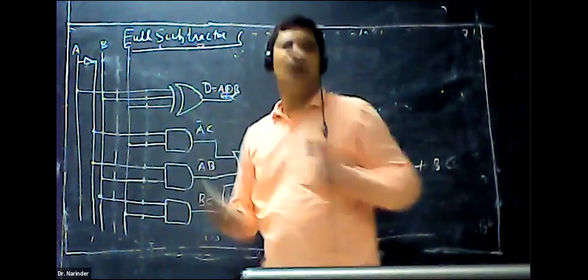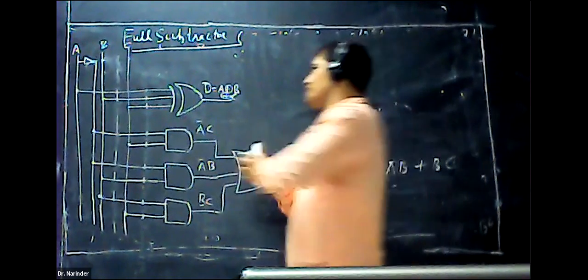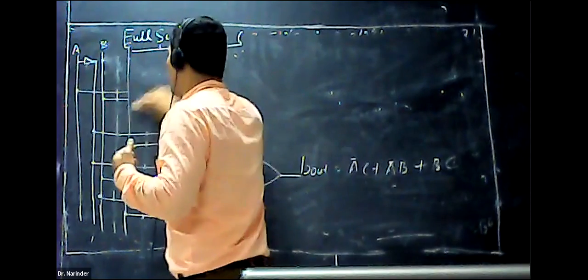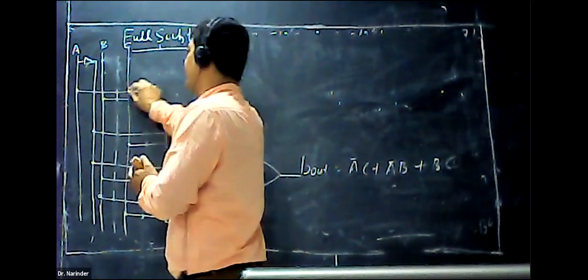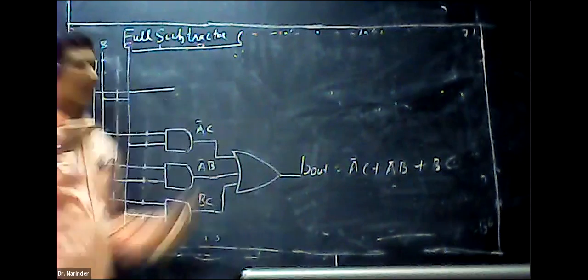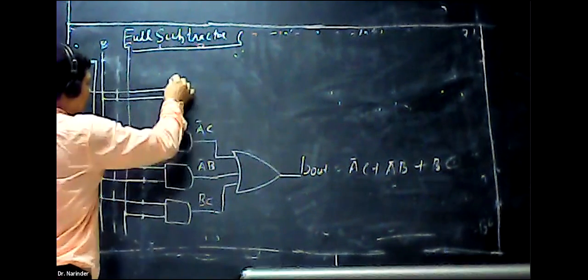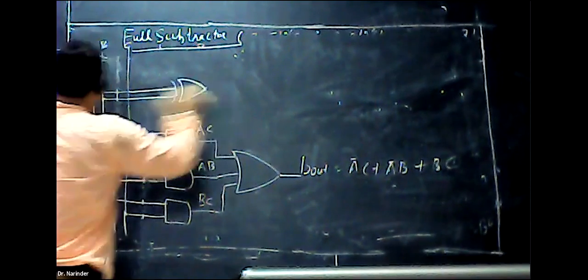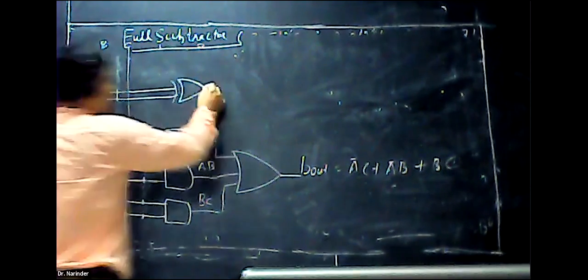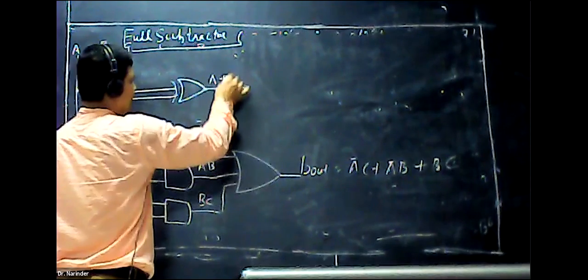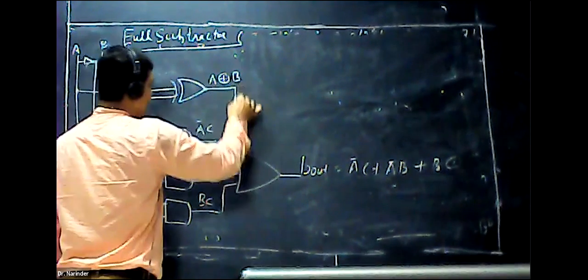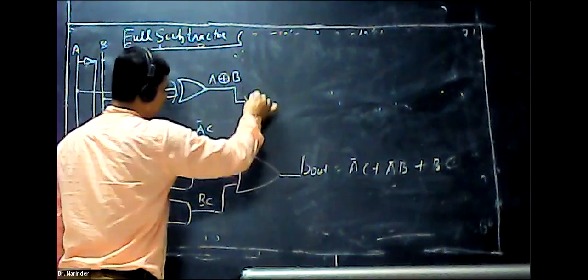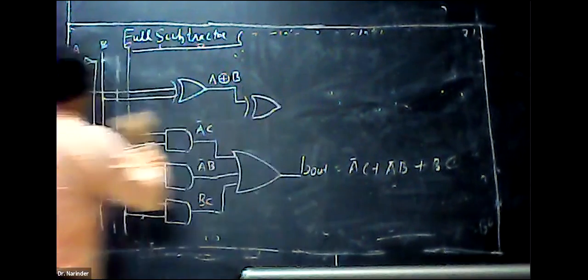Even if you want to use a two input XOR gate, it would be like this. This is A, this is B. So it would be A XOR B. It is applied to another XOR gate because there is a two input XOR gate.